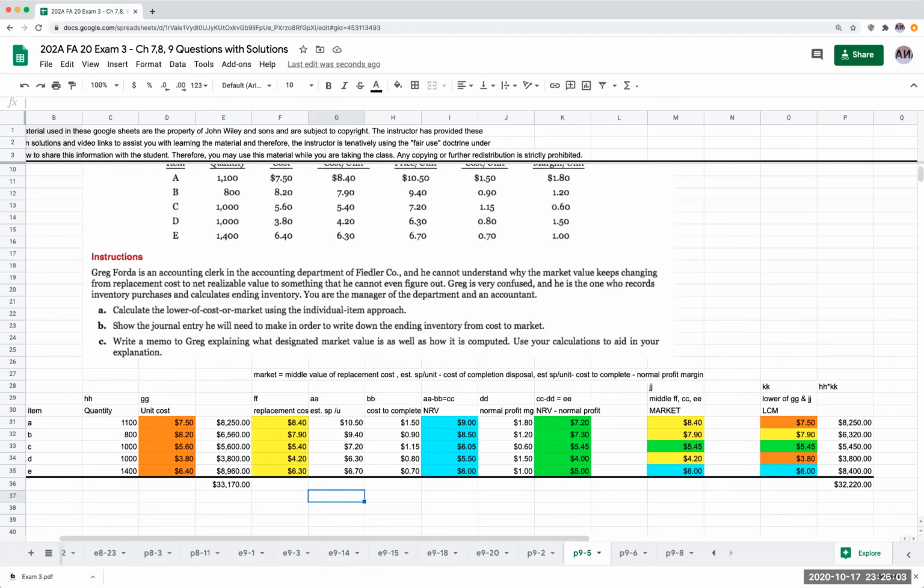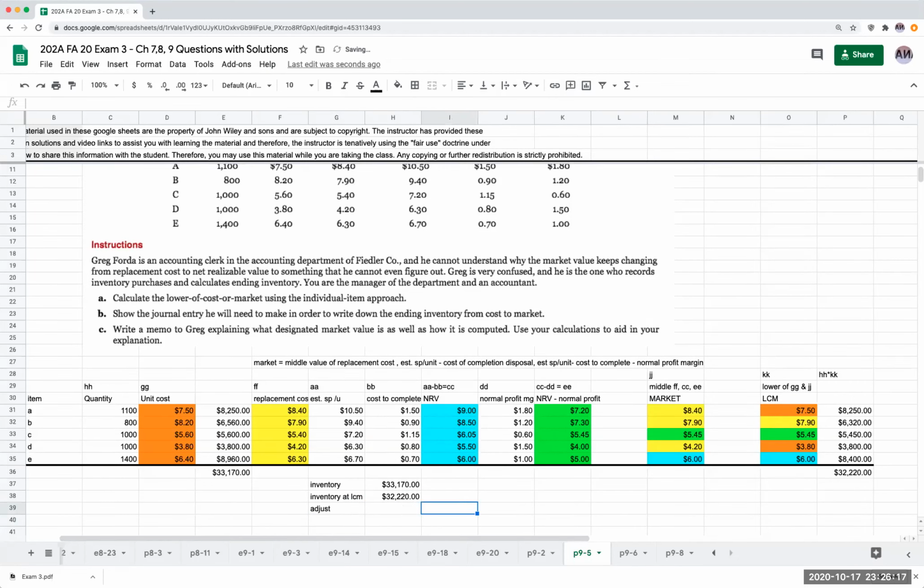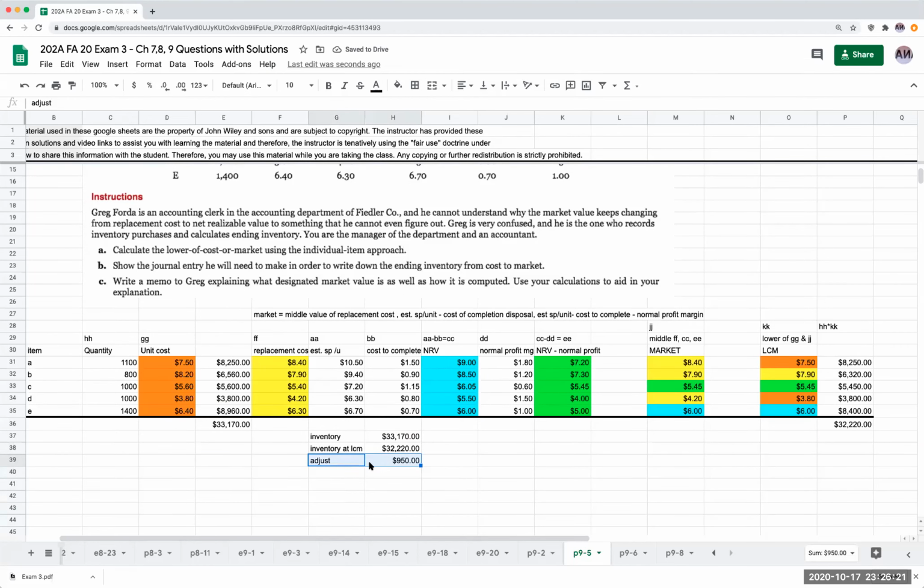So the adjustment that I would need is going to be $950.